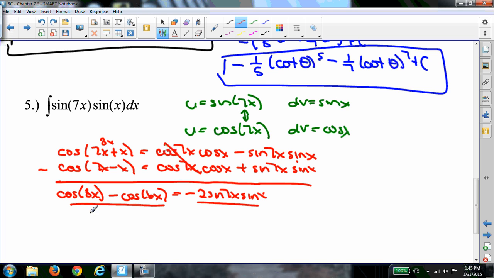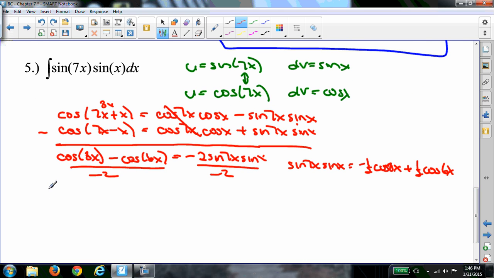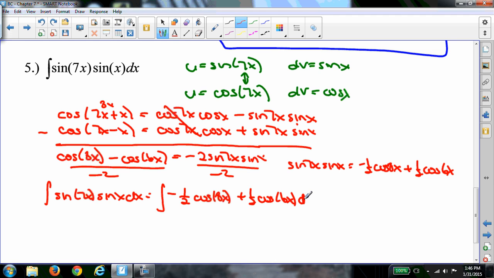So dividing both sides by negative 2, now I know that sine 7x sine x is equivalent to negative 1/2 cosine 8x plus 1/2 cosine 6x. So this particular integral, sine 7x sine x dx, I can rewrite as negative 1/2 cosine 8x plus 1/2 cosine 6x dx.